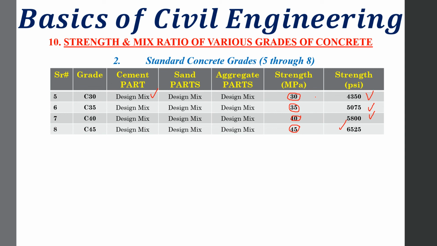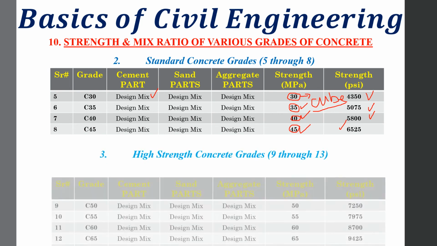So the responsibility as a design engineer is to attain 30 megapascals of strength from a concrete cube prepared by designing a mix whose minimum strength is 30 for C30, 35 for C35, 40 for C40, and 45 for C45 standard grade concrete.